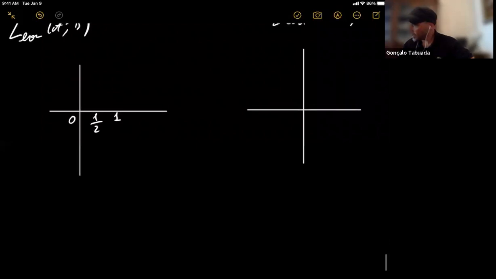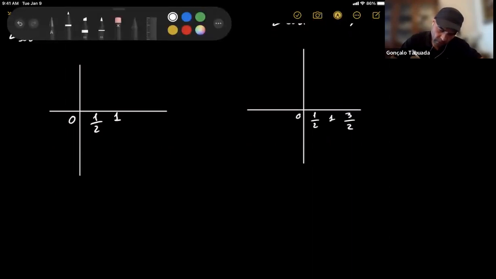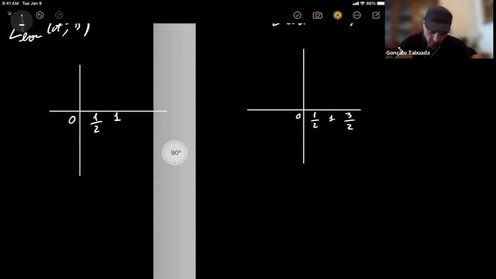Okay, so here I have, where is I? Yes, so here I have 0, I have 1/2, I have 1, I have 2, and so here I would like to make the following.